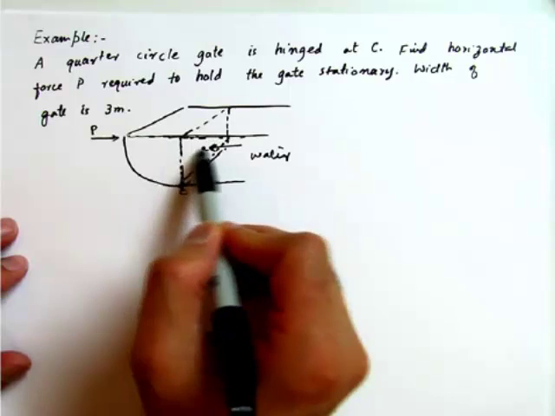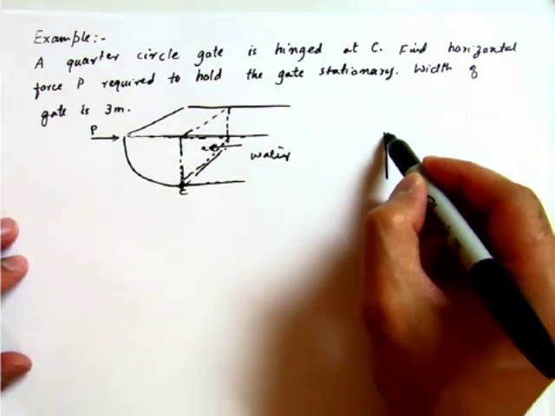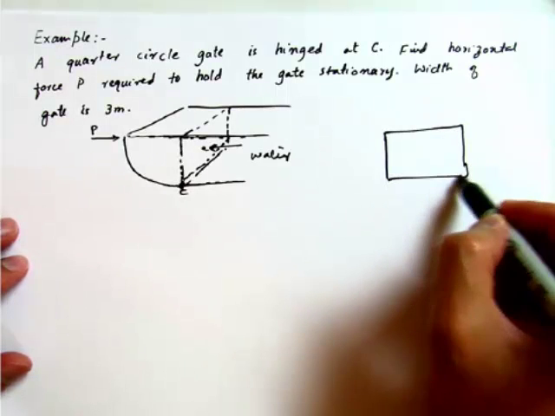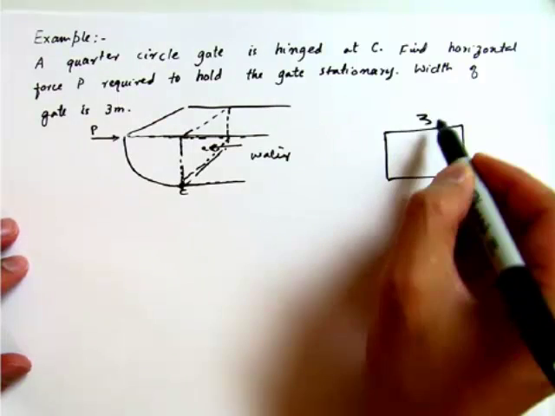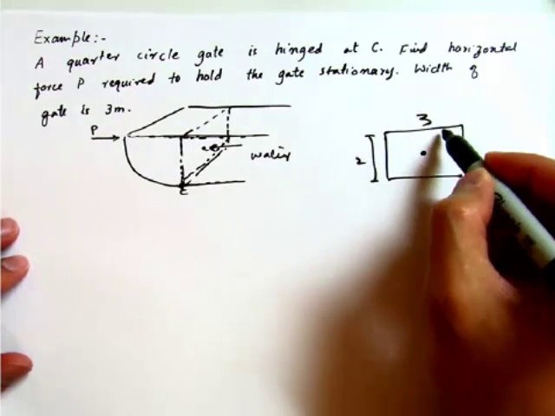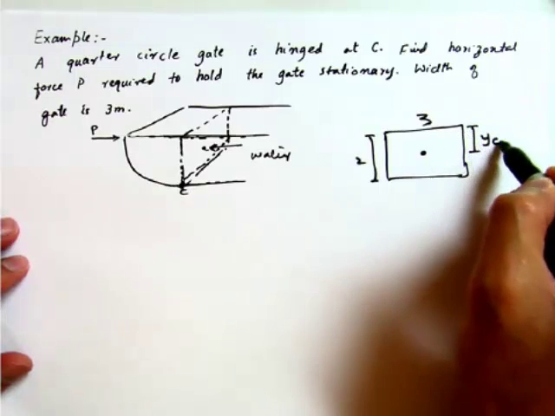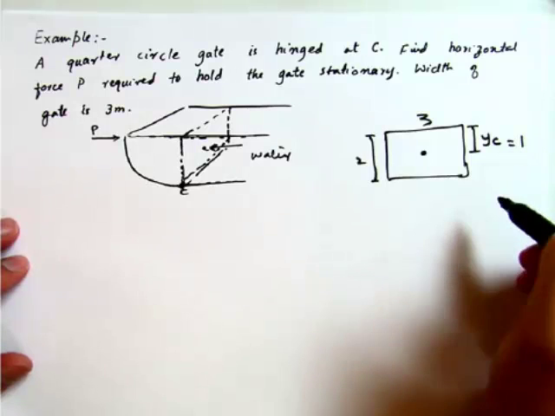So the centroid, if I look at from this side, this shape will have a width of 3. So the width is 3. And then the height of this is 2. So somewhere in the middle, we will have this y of c, which is half of it, so y of c is 1.